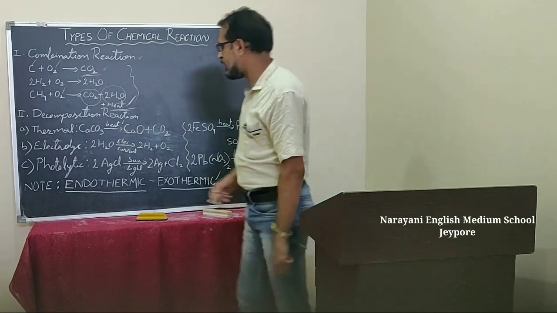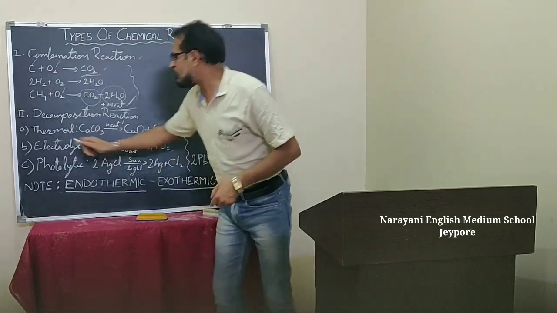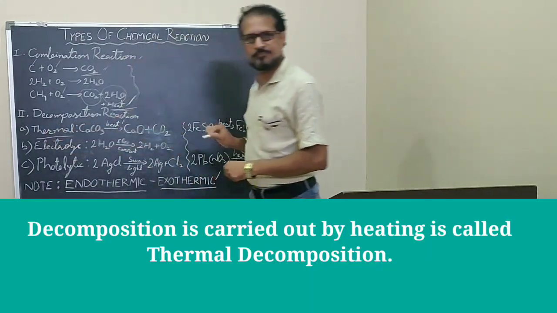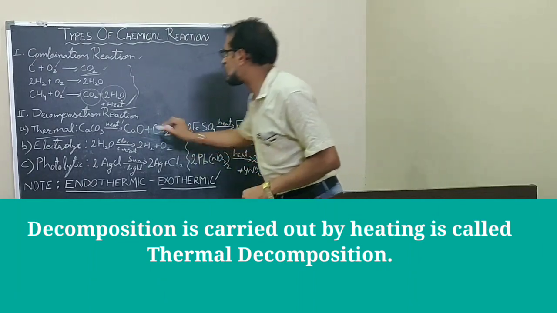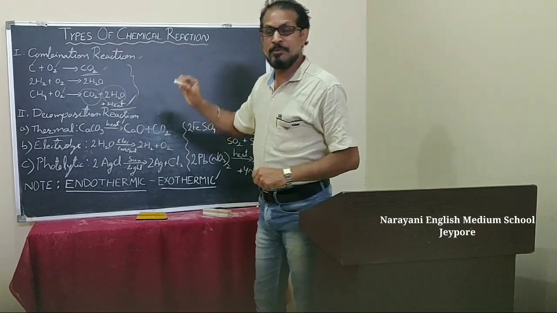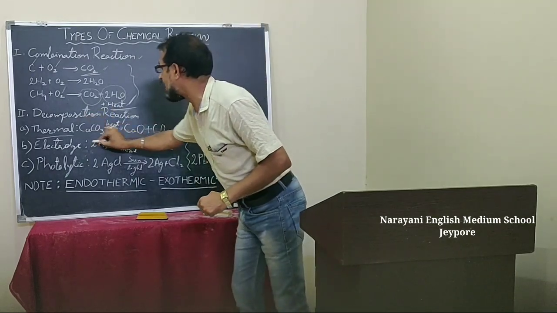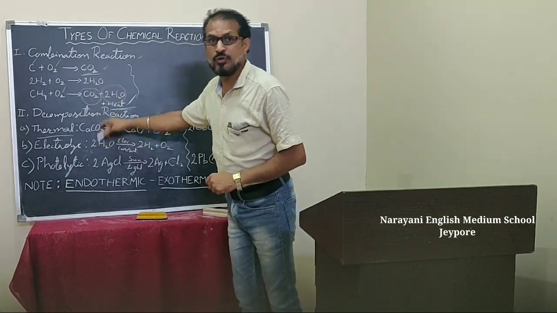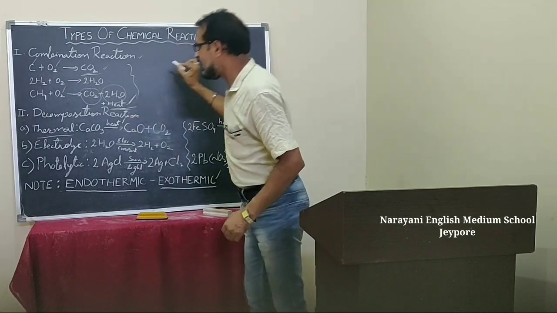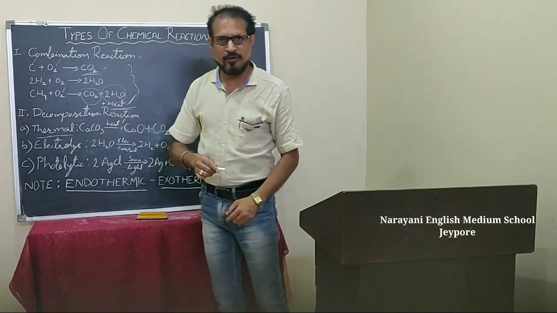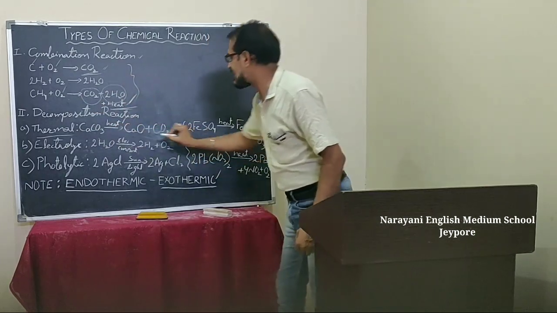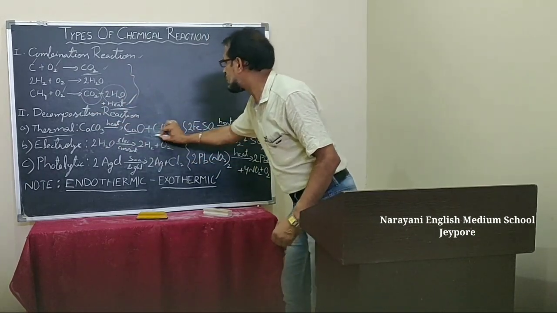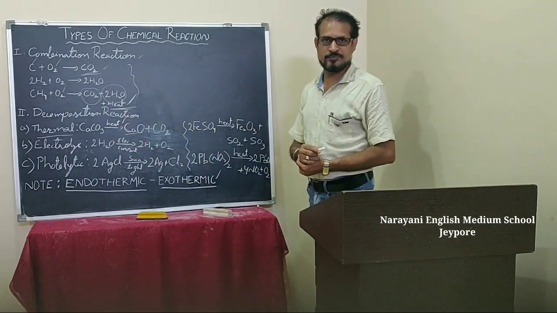Let's go in depth. The first one is thermal decomposition, a reaction in which we require heat. For calcium carbonate, to decompose it we require heat. Thus, this is known as a thermal reaction. So when calcium carbonate gets heat, we get calcium oxide and carbon dioxide.